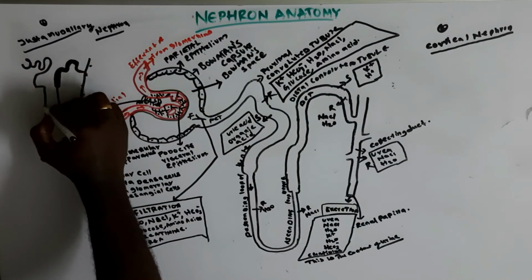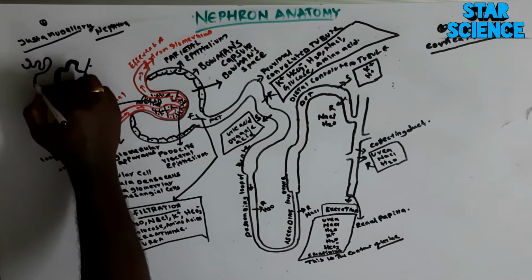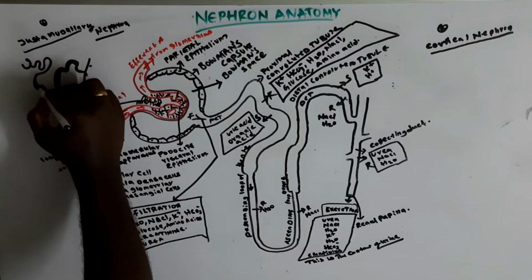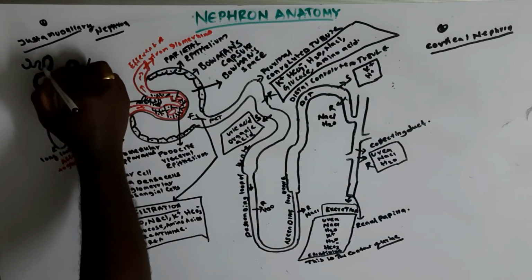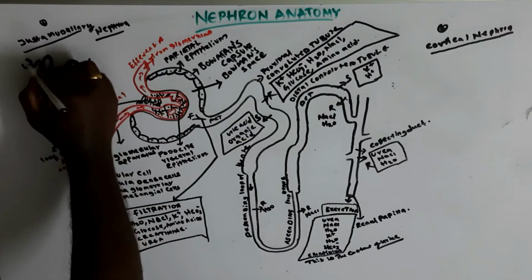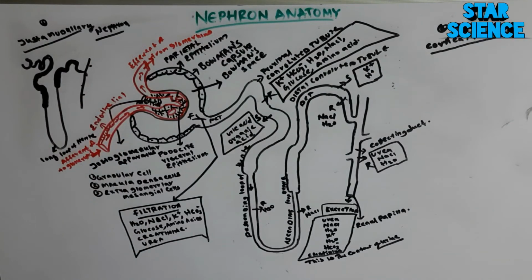The simple way to remember is that the long loop of Henle will enter into the renal pyramids, that is the medullary region, and this is the only change you have to remember.